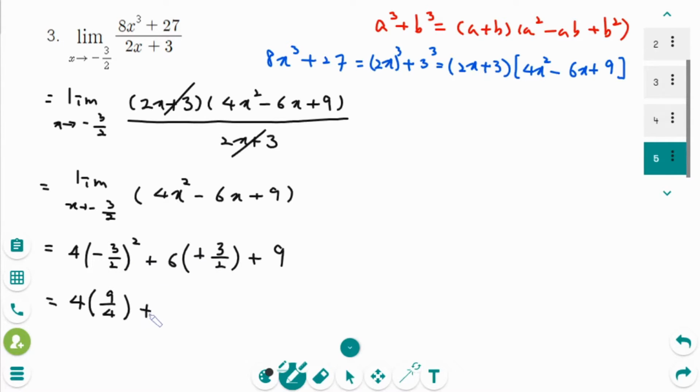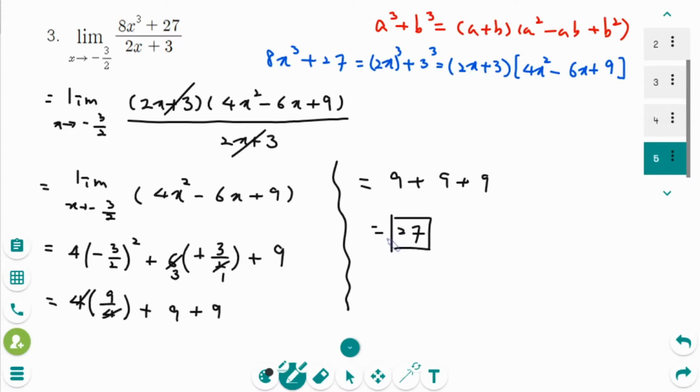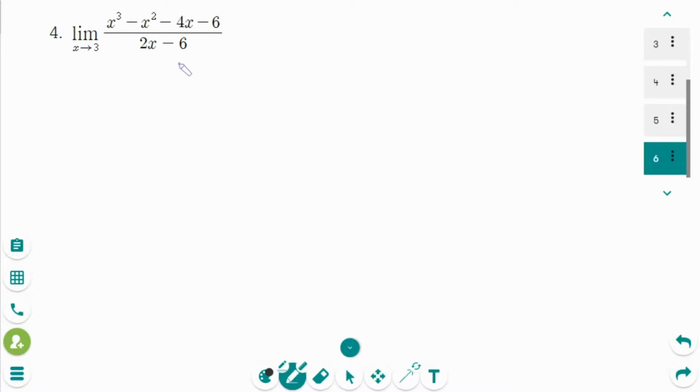So plus 6 times 3 over 2 is 9, plus 9. And then that one is also 9. So 9 plus 9 plus 9, which is 27. That is the answer.